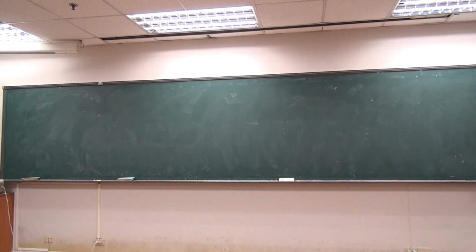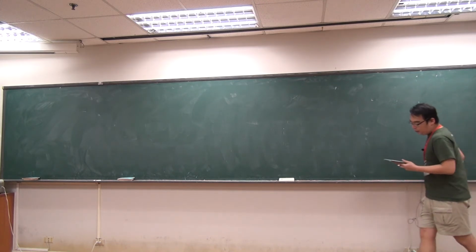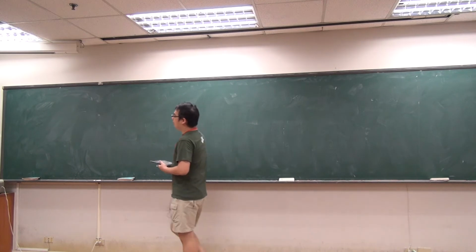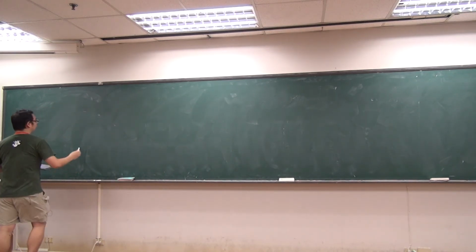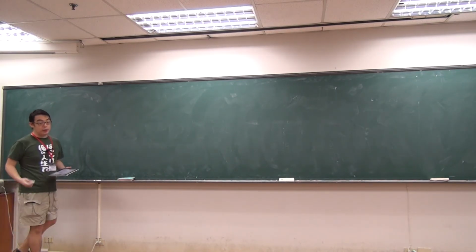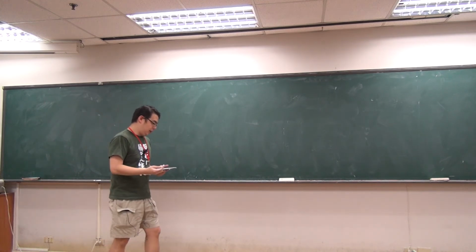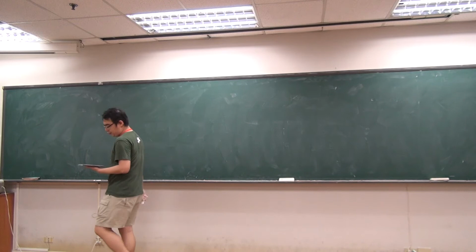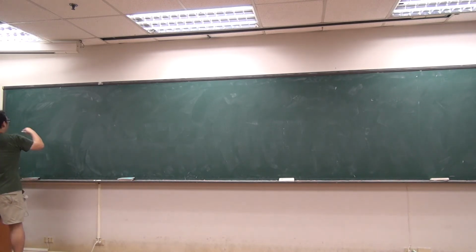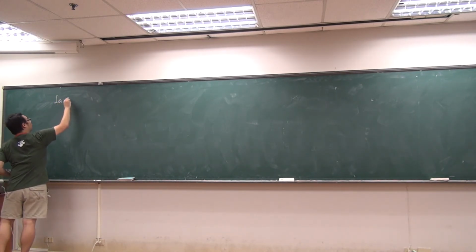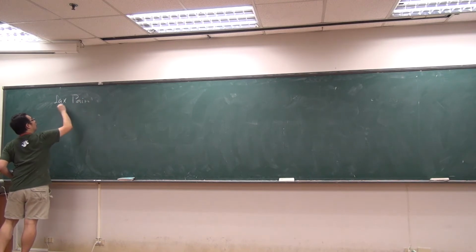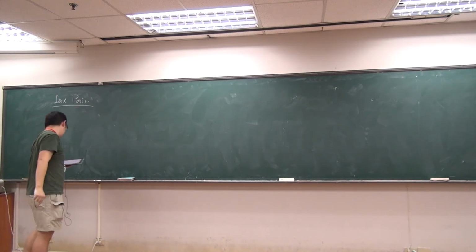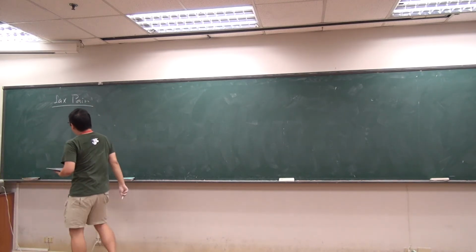And this systematic way of constructing a set of commuting conserved charges, when you are given an integrable or a dynamical system in general, is something called a Lax pair. Okay, so a Lax pair is very simple.